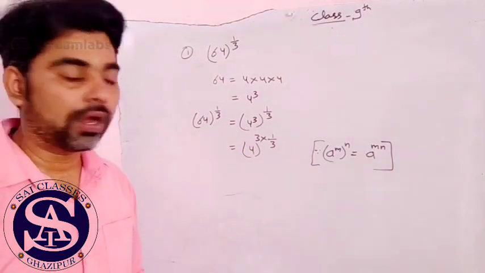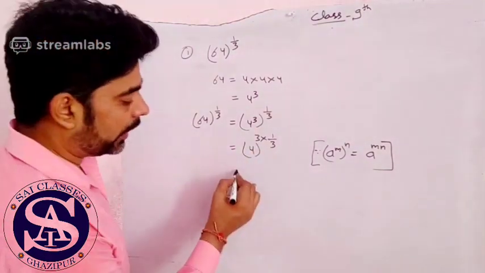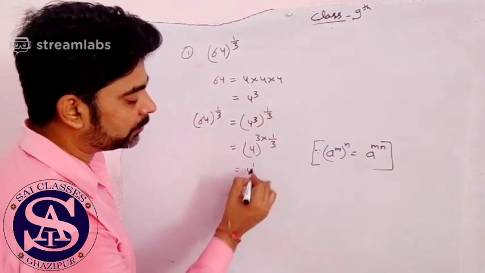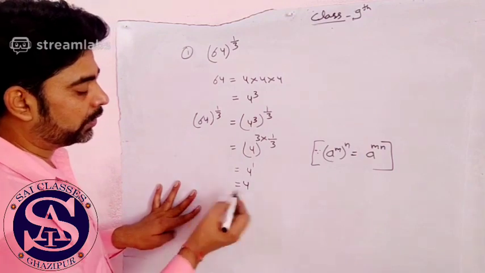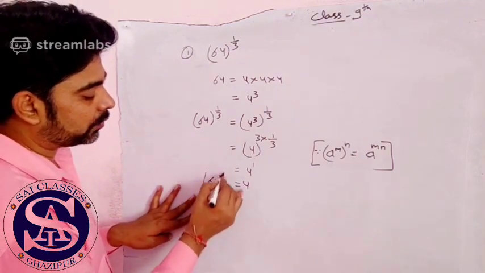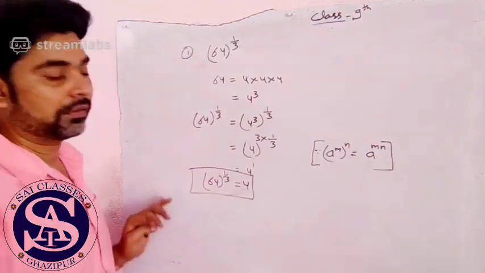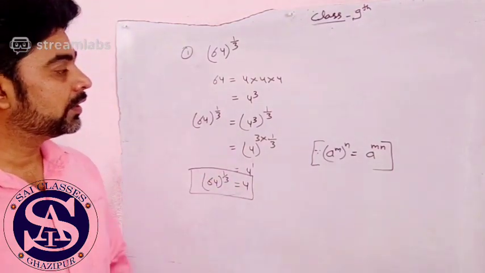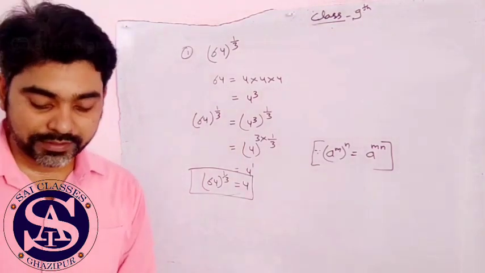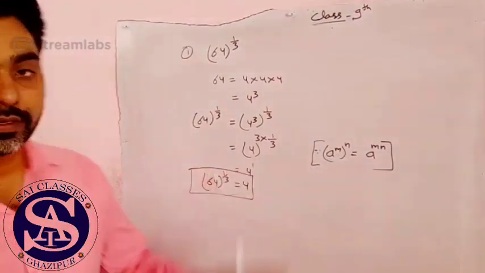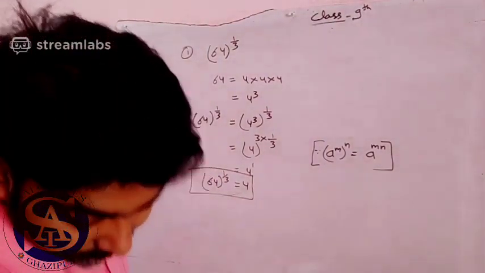The 3 and 3 cancel out and we are left with 4 raised to 1, which is 4. So 64 raised to 1 upon 3 is nothing but 4. Hence you can do problems related to exponents. Take a screenshot. Let's see another example.